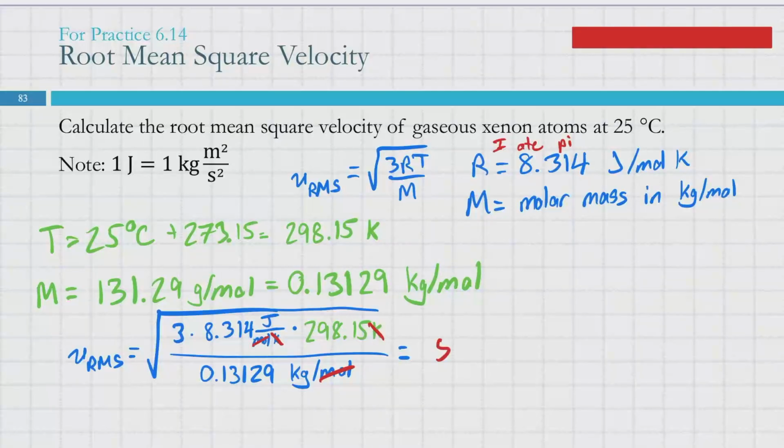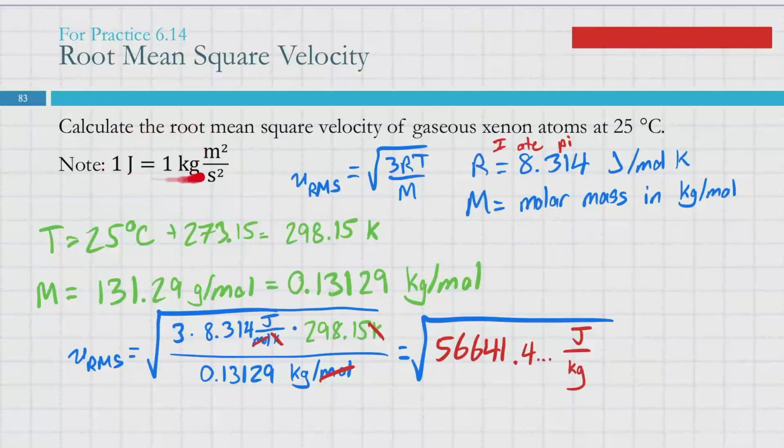So we get 56641.4 and some other stuff, still in the square root function. And then we've got joules over kilograms. And this is where this helpful little note comes in. 1 joule is equal to kilogram meter squared per second squared. So let's plug in kilogram meter squared per second squared.